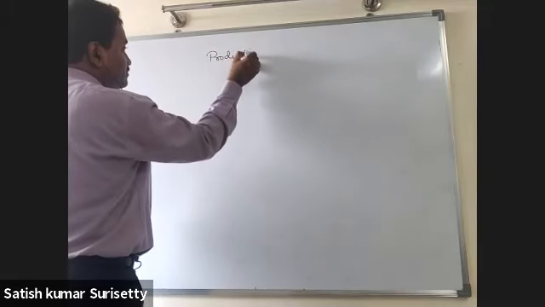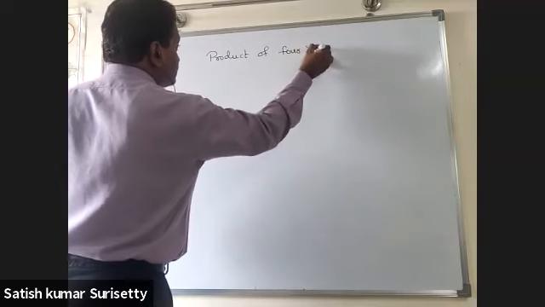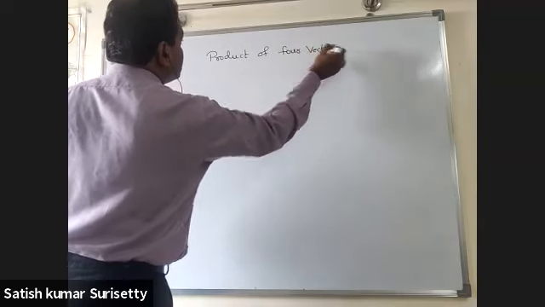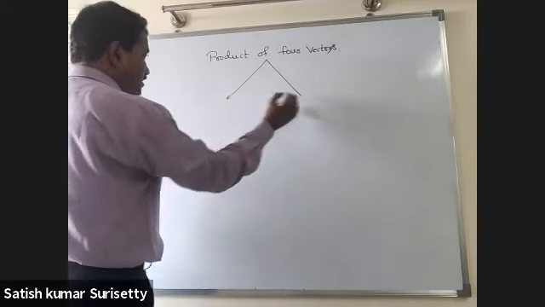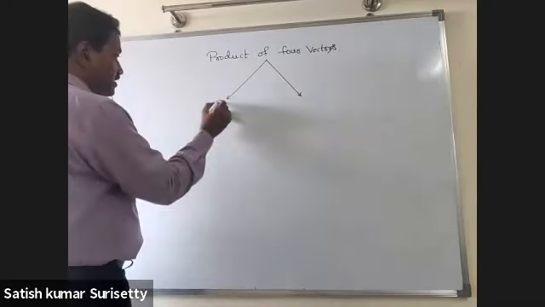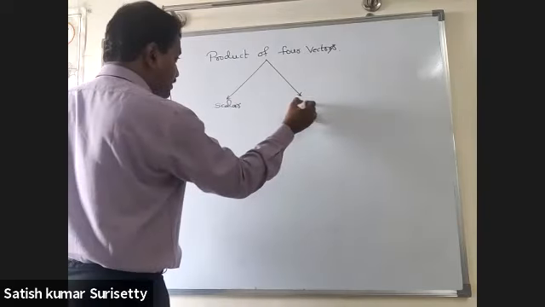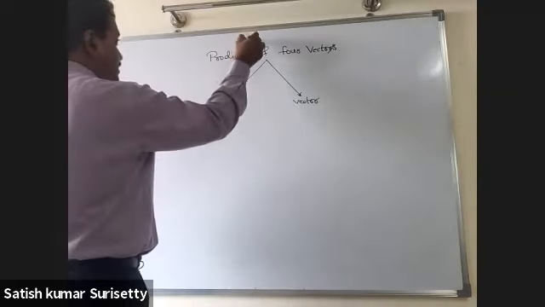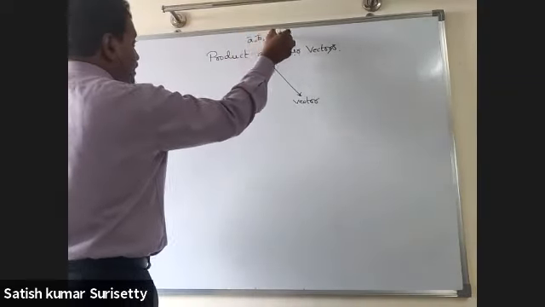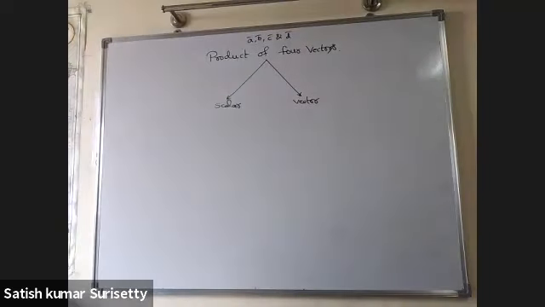Product of four vectors. So when I consider the product of four vectors, definitely you'll have two possibilities. One result will be a scalar and another result will be a vector. So when I consider the four vectors A bar, B bar, C bar and D bar, you can have several ways to express the product using dot and cross.